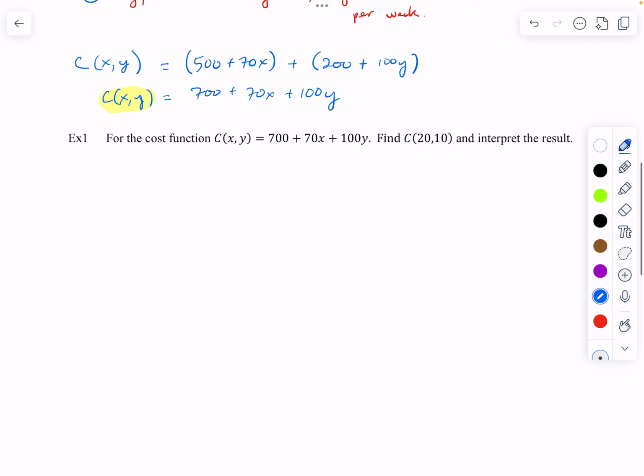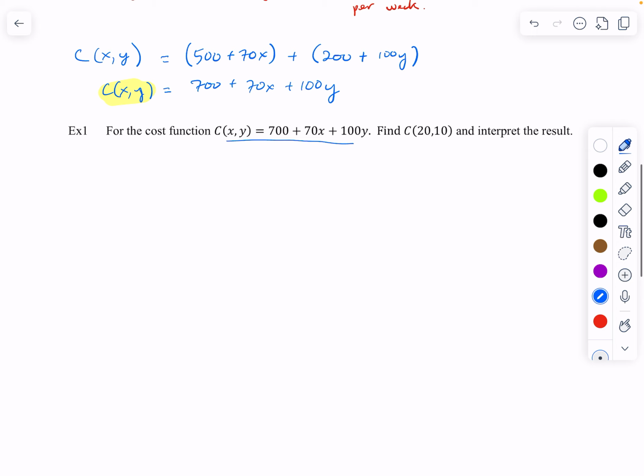In this case, we just have more than one number to plug in. So consider this equation: cost of 700 plus 70x plus 100y. We want to find C of 20, comma 10.